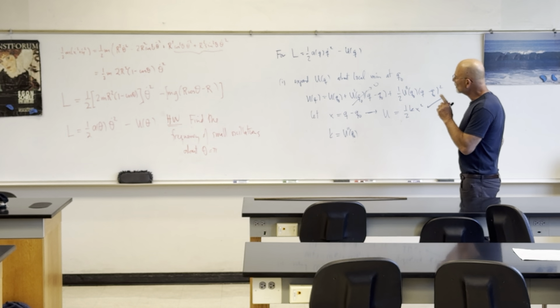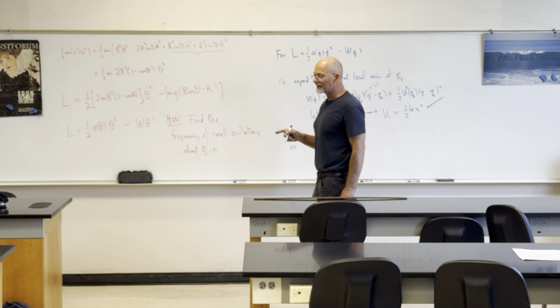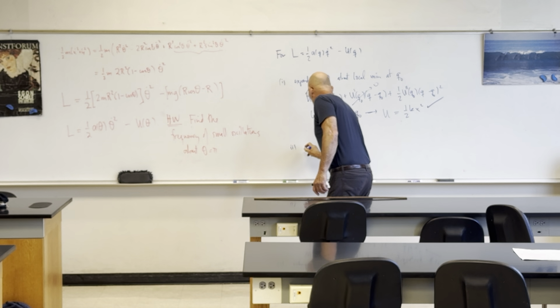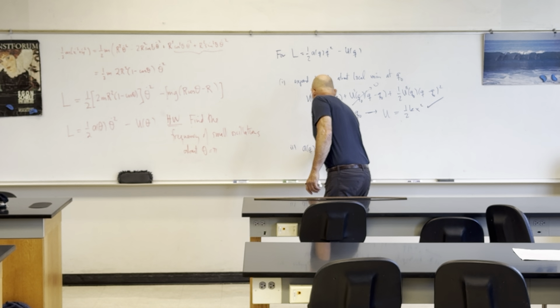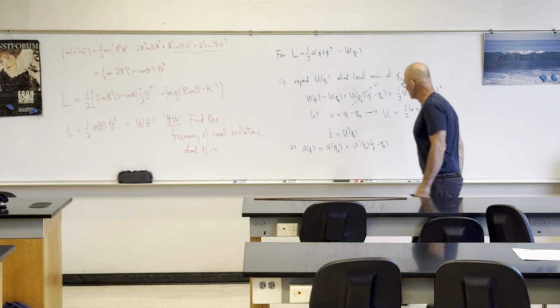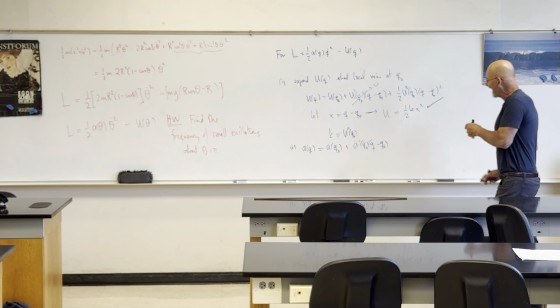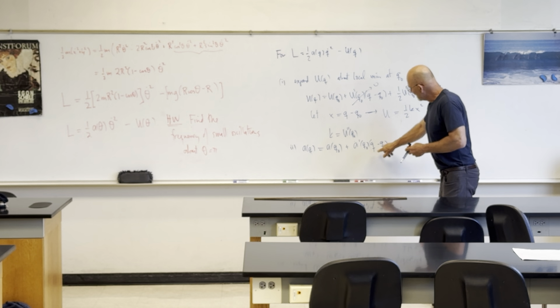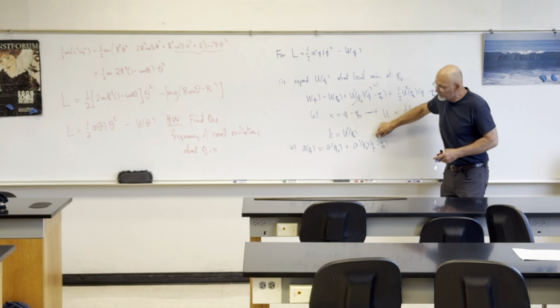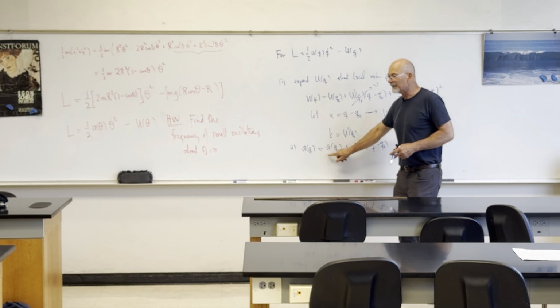But what we have new is we expand A of theta, or A of Q. A of Q equals A of Q0 plus A prime of Q0 times Q minus Q0. Right? So you just got to be comfortable with these expansions, and of course we are at this point. And the thing about A of Q is that we're going to keep Q minus Q0 small enough, so small that this term here is negligible compared to that one.